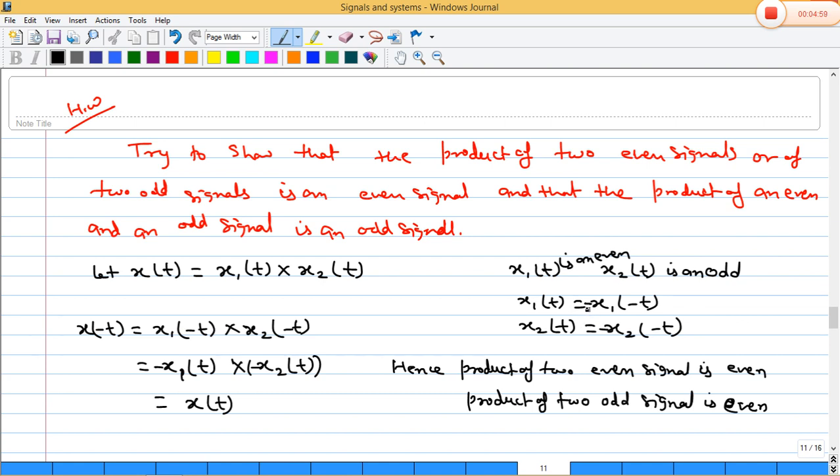For the even function I remove the minus, and this one is odd, so just keep it as it is. Then it will be minus of x2. So the product of one even and one odd signal is odd. Clear?